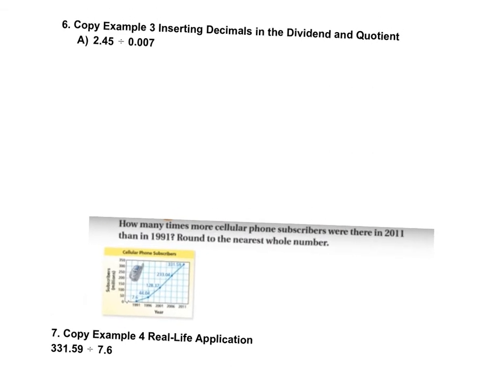So, 2.45 divided by 0.007. Now at this point, we need to move the decimal place over 3 places, okay?